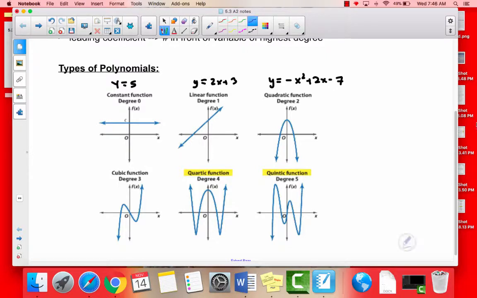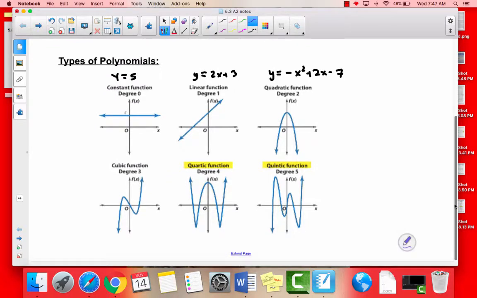And now we're going to start getting into higher degrees, where we have a cubic function that's going to be a degree of 3. A quartic function has a degree of 4. And then a quintic has a degree of 5. And what you should notice is the higher the degree, the more potential turns or curves that we have in our graph. So here the degree was 1, so the max number of curves we could have is 1.